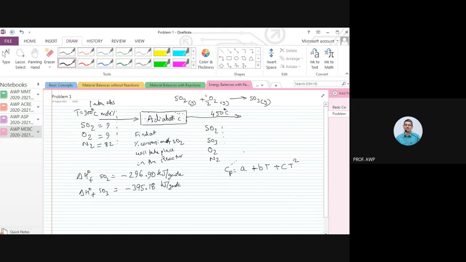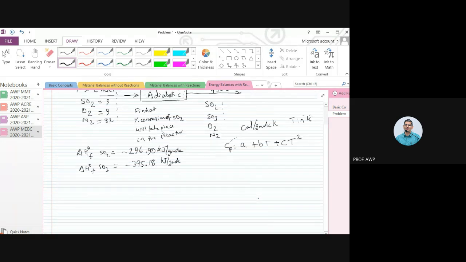Cp is in terms of calories per gram mole Kelvin and temperature in Kelvin. All right. I will give you the A, B, and C values.